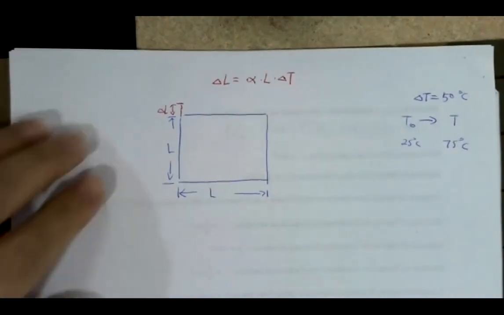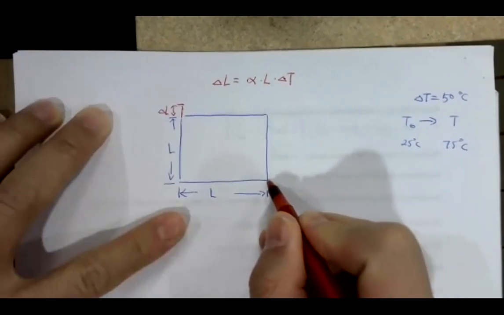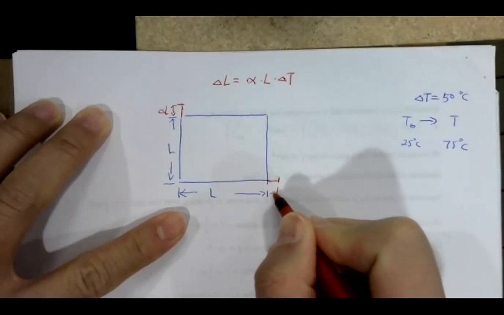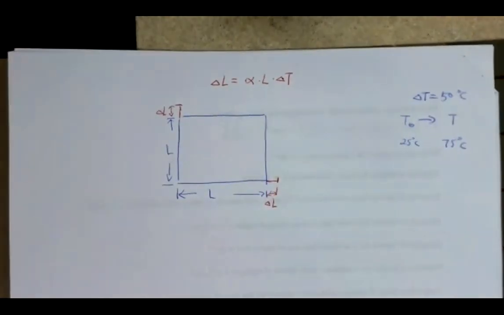Now, this is in the vertical dimension. Also in the horizontal dimension, it will expand by the same amount delta L, because expansion happens in both dimensions.